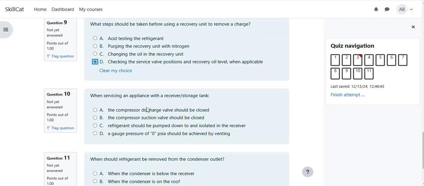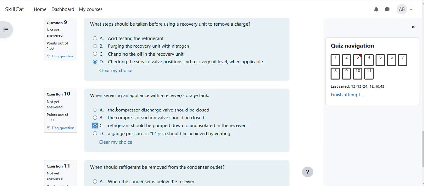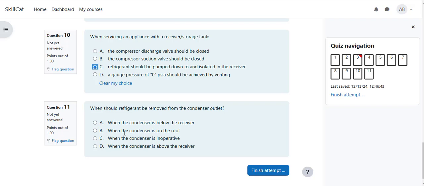When servicing an appliance with a receiver or storage tank, the compressor discharge valve should be closed, the compressor suction valve should be closed, the refrigerant should be pumped down to an isolated tank. If the appliance has a receiver or a storage tank, I must pump it to the storage tank.